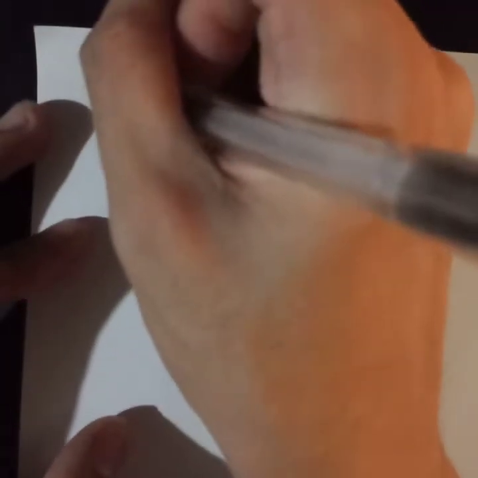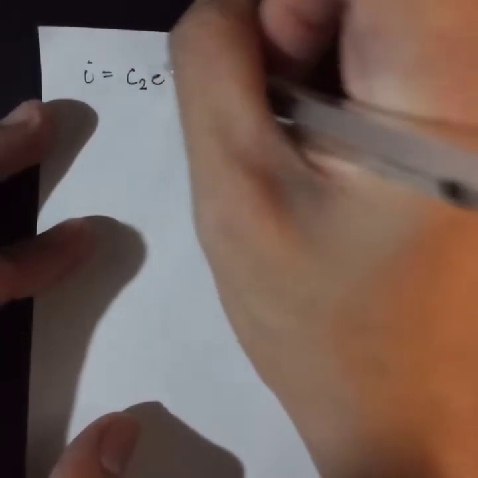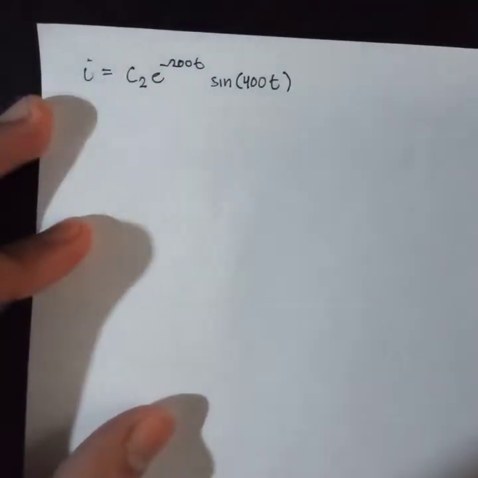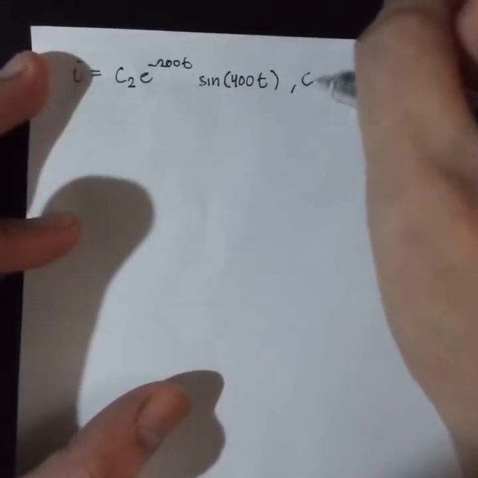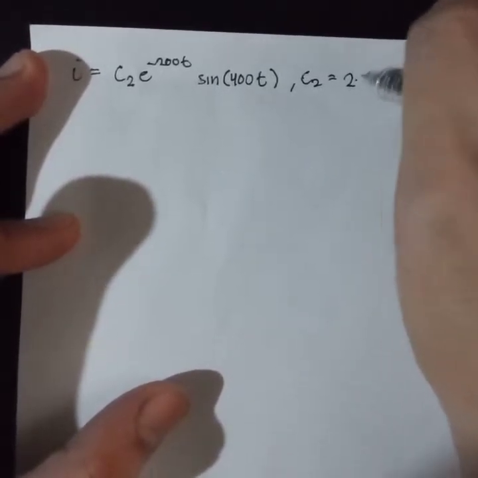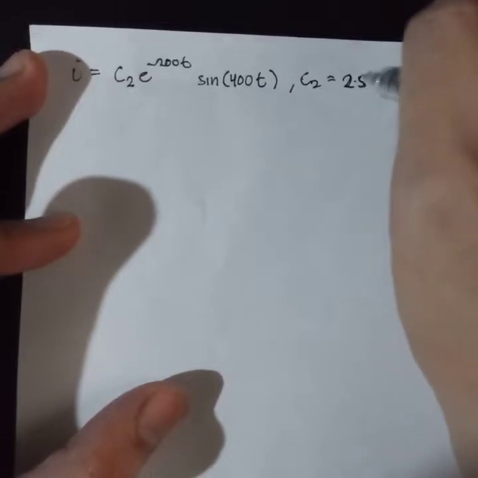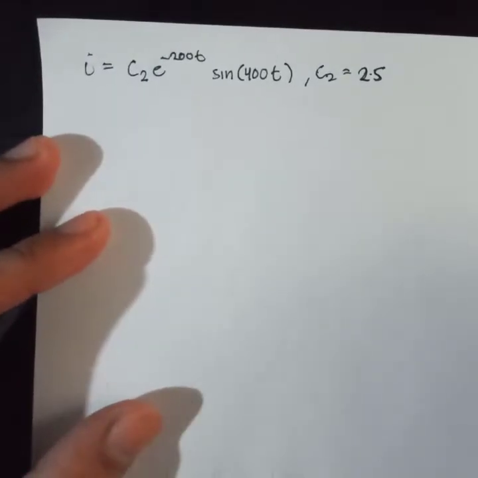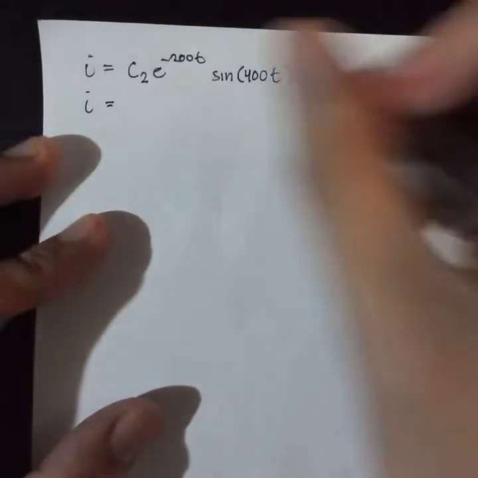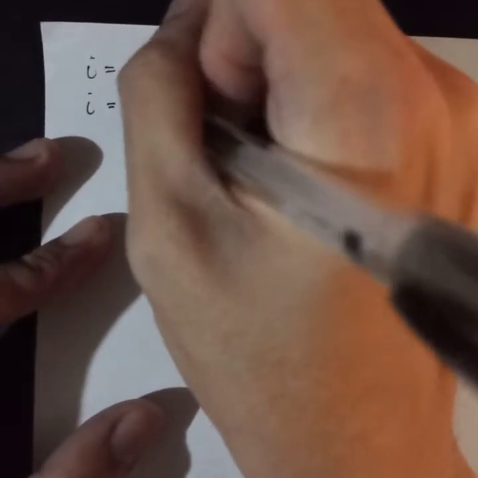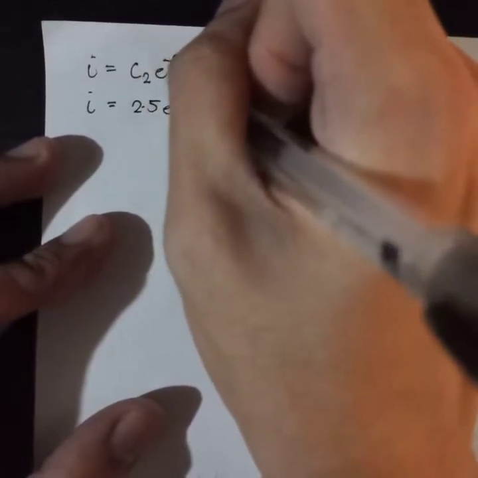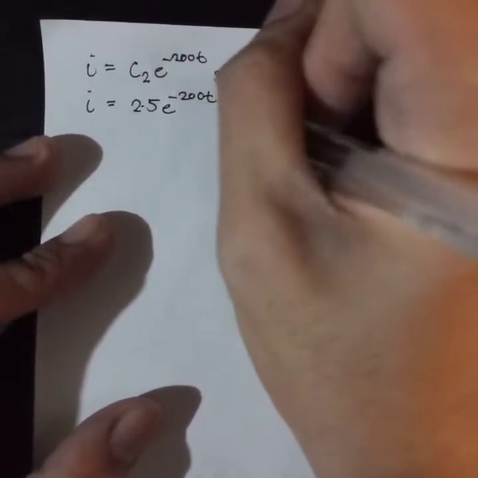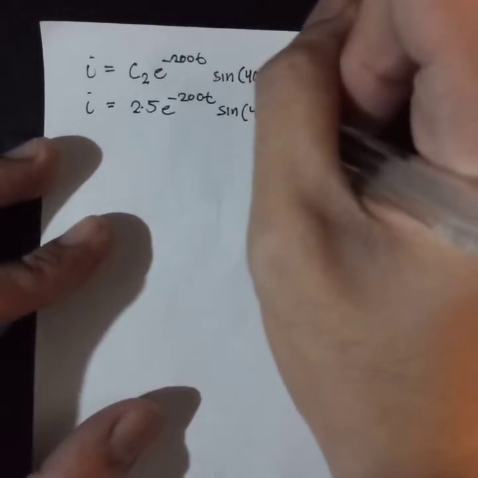Rewriting our equation 2, now, finally, we have the formula of instantaneous current for this particular problem. That is i is equal to 2.5 e raised to negative 200t sine of 400t.